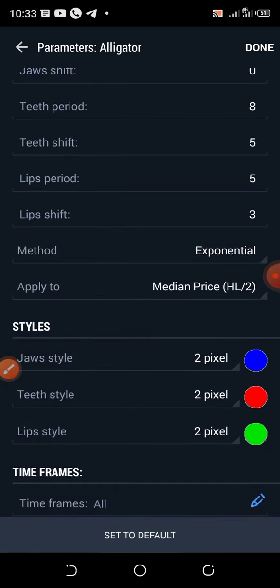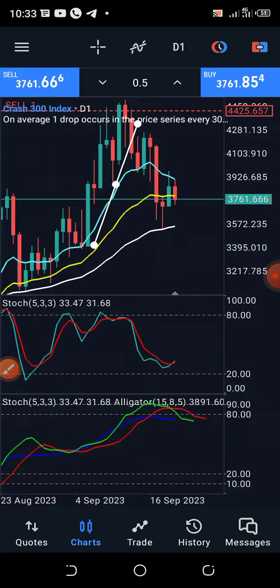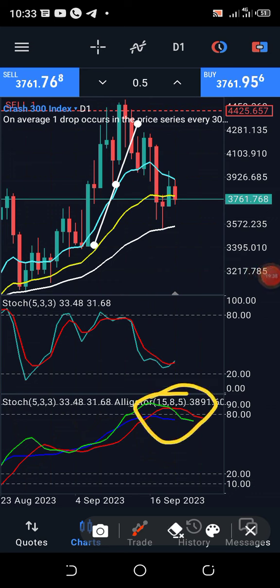With this, you press done. What is the work of this? This one helps you to detect the right position of the candle.